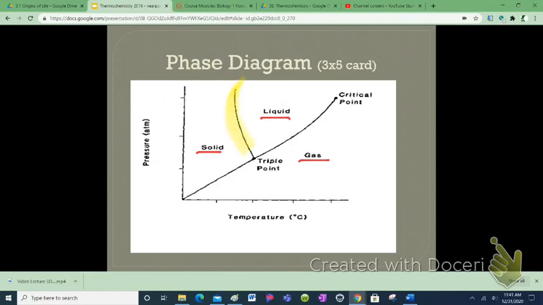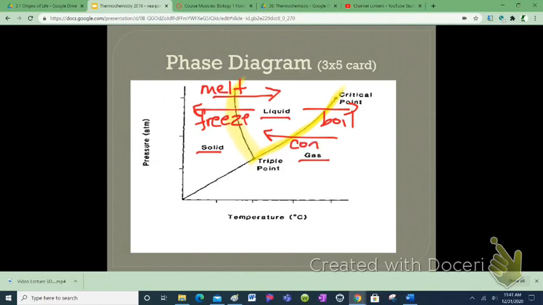This line is between the solid and the liquid, because in this line, a solid can either be melted to a liquid, or the liquid can freeze to a solid along this line at different pressures and temperatures. This line is between the liquid and the gas, because it's along this line at these temperatures and pressures that liquid can boil to gas, or gas can condense to liquid.